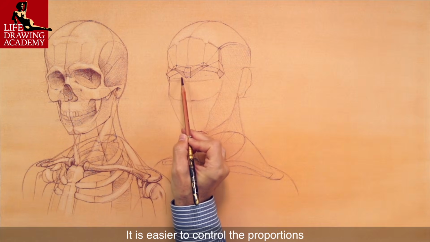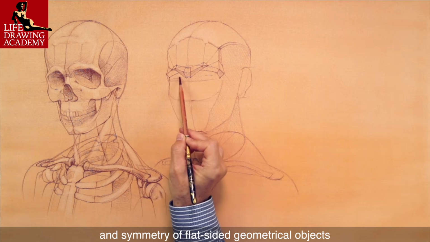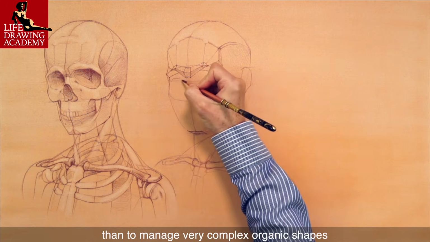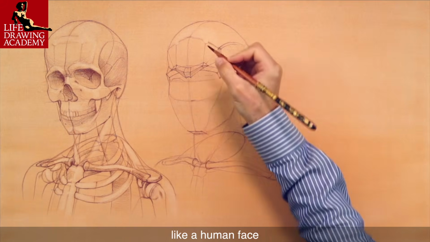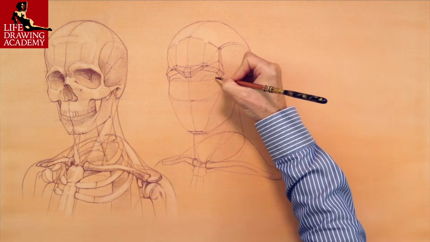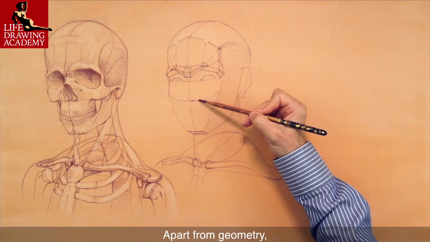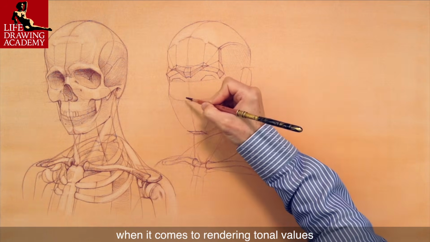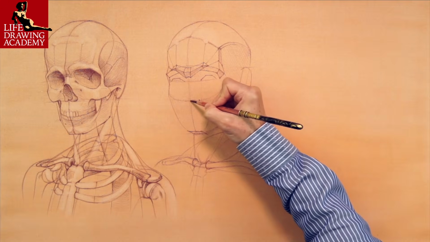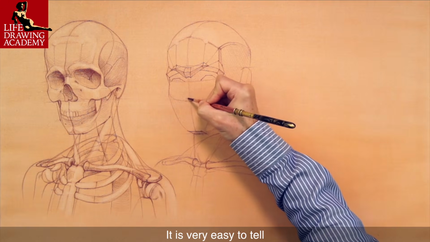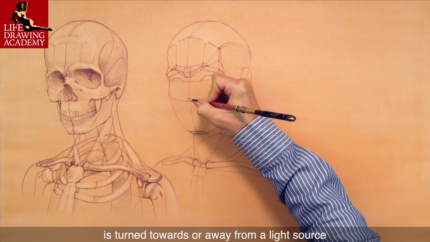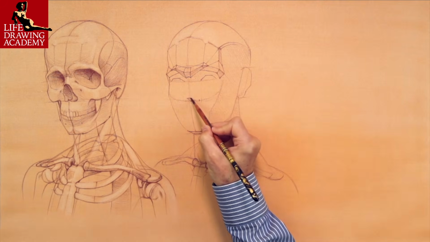It is easier to control the proportions and symmetry of flat-sided geometrical objects than to manage very complex organic shapes like a human face. Apart from geometry, virtual planes greatly help when it comes to rendering tonal values. It is very easy to tell if one plane or another is turned towards or away from a light source.